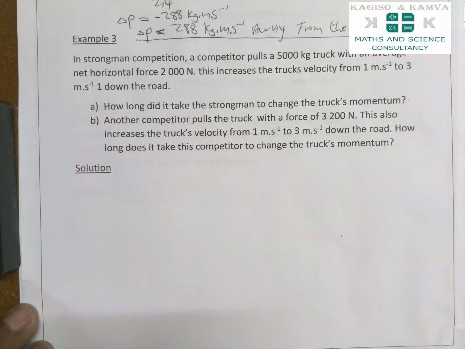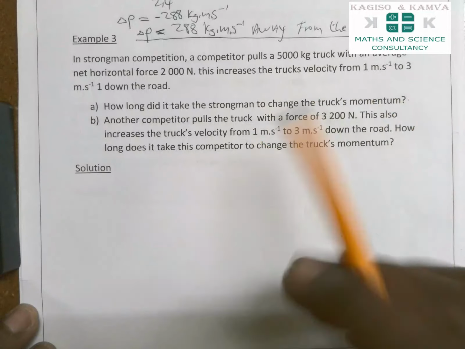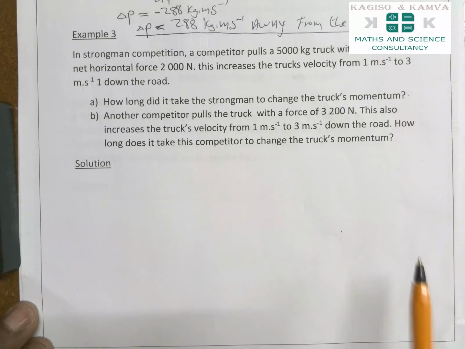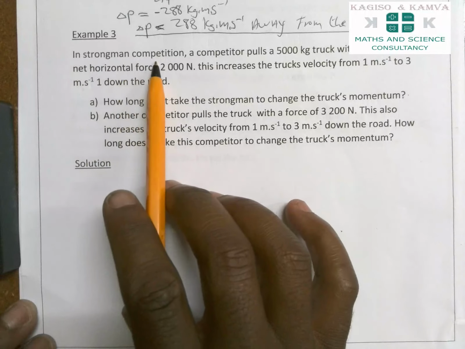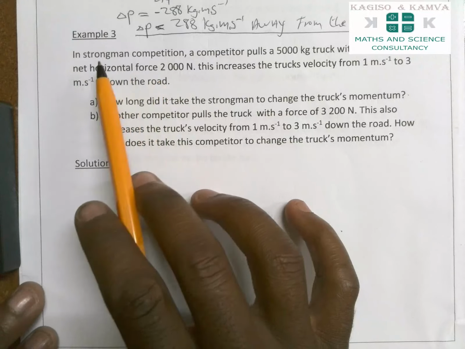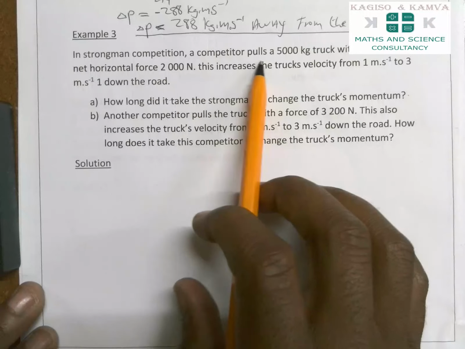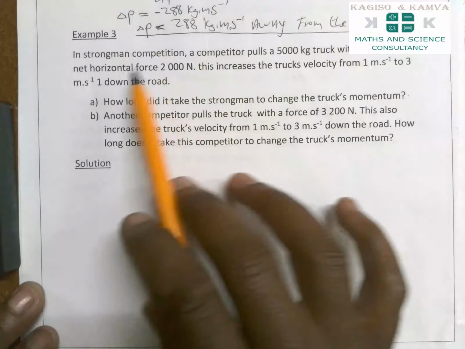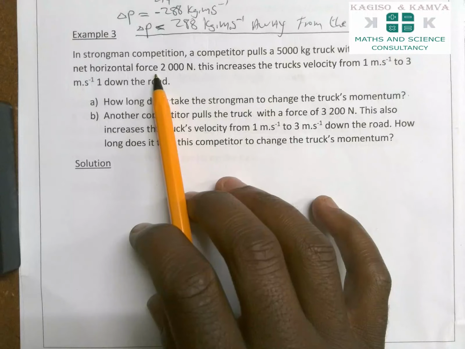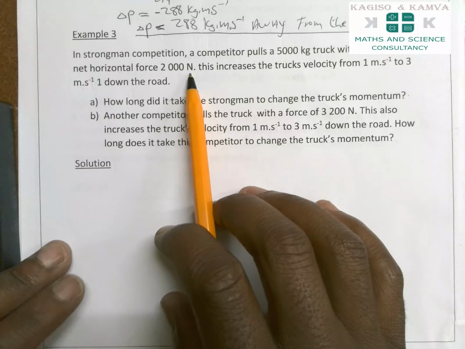Now with our example 3, what do we have? In a strongman competition, a competitor pulls a 5,000 kg truck with an average net horizontal force of 2,000 newtons.